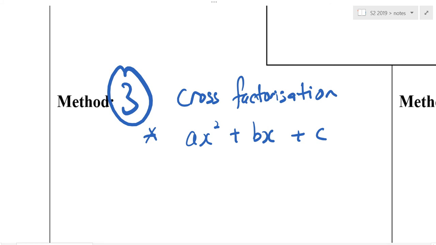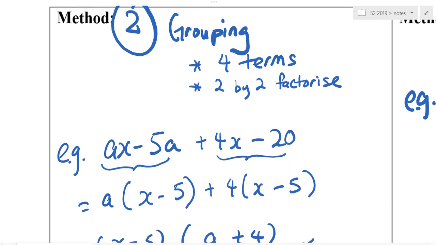Can we try with a question? What happens if I have y squared, y and a number? Can. Can I have b squared, b and a number? Can. So you must have something squared, some x and then some number. So for example, if you see 4 terms, will you do cross factorization?